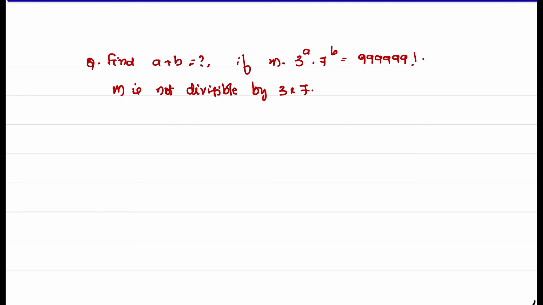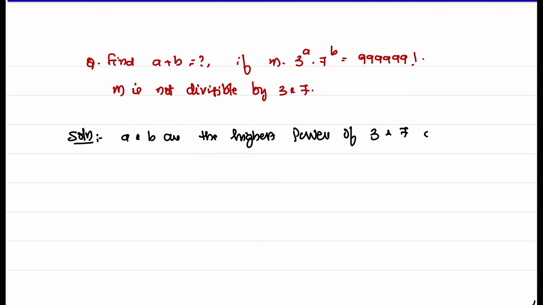That means a and b are the highest powers. Let us try to find out. As m is not divisible by 3 and 7, a and b are the highest powers of 3 and 7 in this 999999 factorial. It's a very huge number.